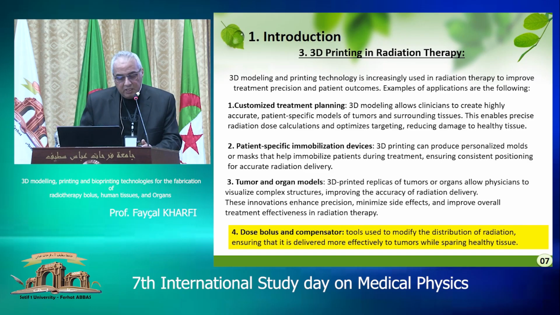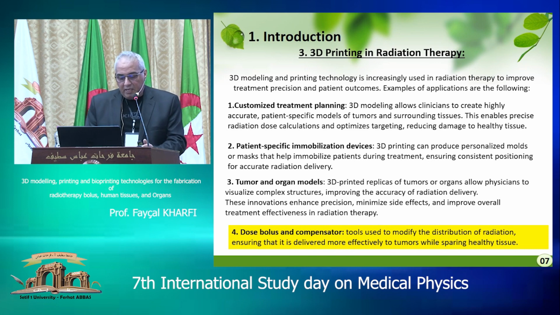The second application is patient-specific immobilizing devices, the fabrication of devices that are useful for the immobilization of the patient. 3D printing can produce personalized molds and masks that help immobilize the patient during treatment, ensuring consistent positioning for accurate radiation delivery.